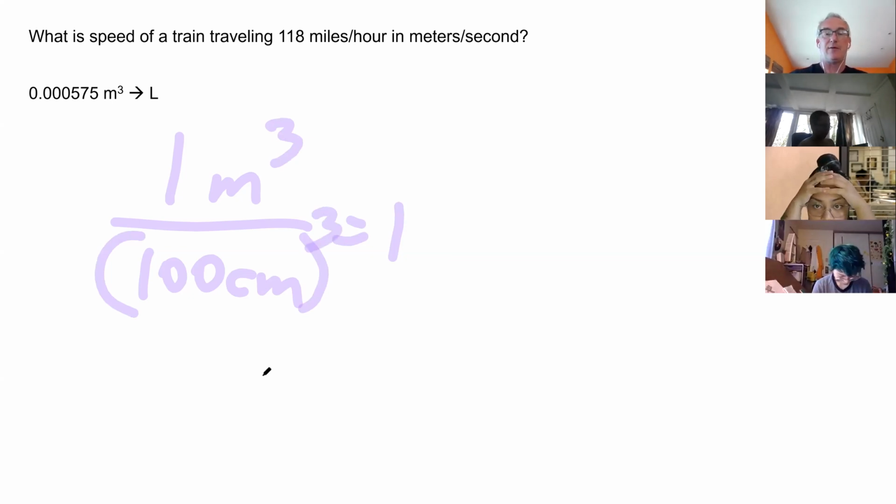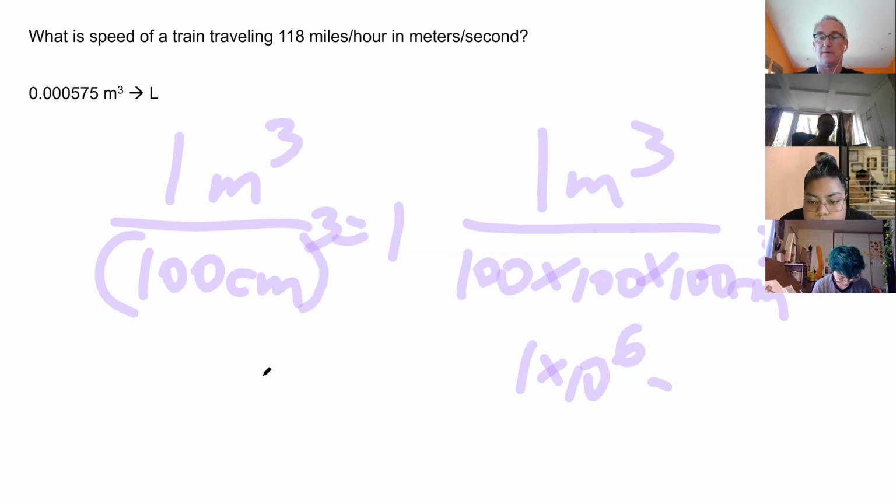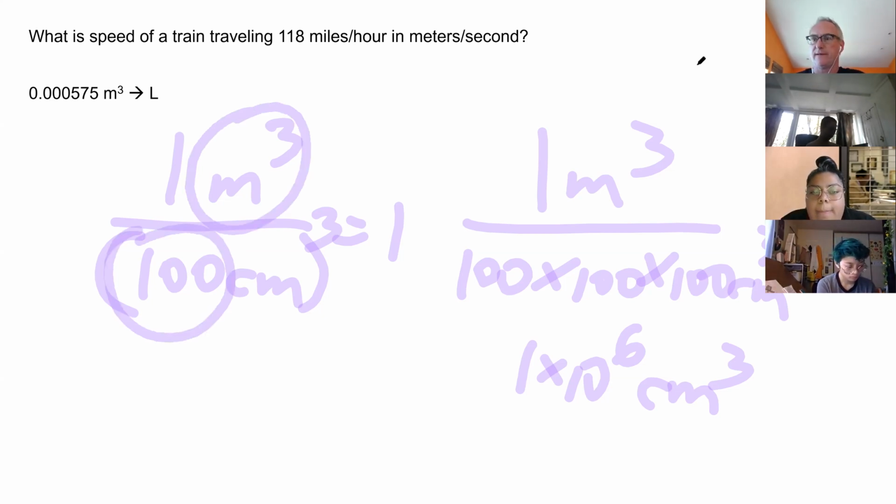So 1 meter cubed is equal to 100 times 100 times 100 centimeters cubed. You see what I mean? I have to cube both the centimeters and the 100. And so now it's 1 times 10 to the 6th centimeters cubed. That is a mistake that a lot of people make. So when you do the problem, make sure that you cube the top and the bottom, both the unit and the number in front of the unit. That's really important to do.